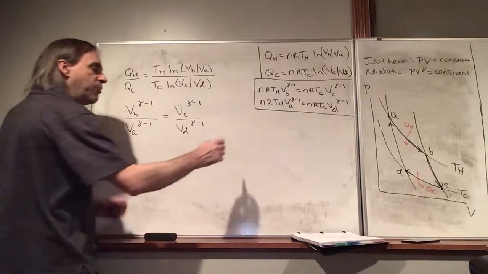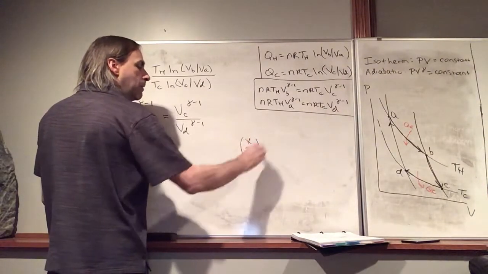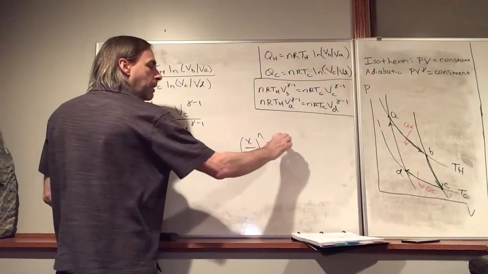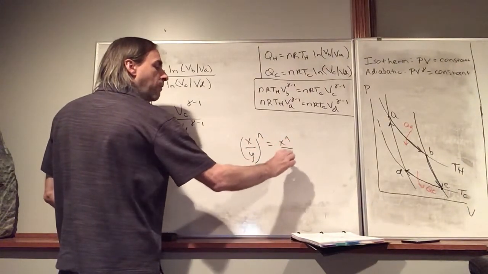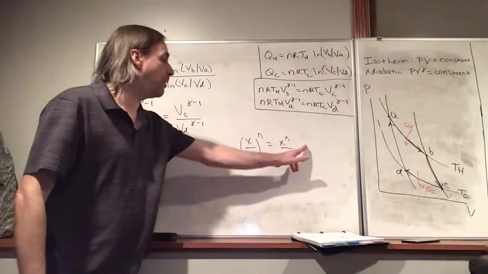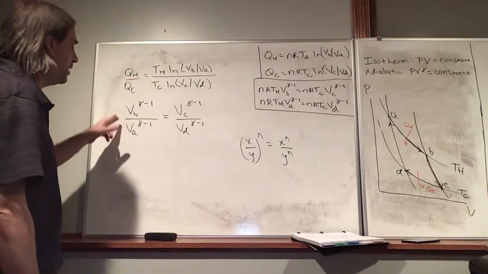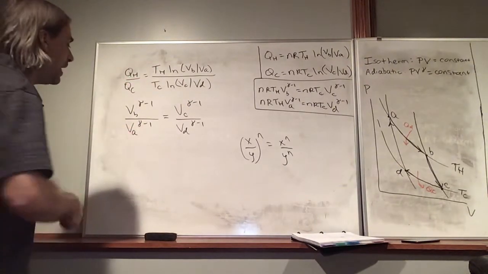Now remember, just in general, if you have x divided by y, all to the nth power, that's equal to x to the n over y to the n. Just algebra, and we're going to go this way. Here we have something to this exponent divided by something else to that same exponent.